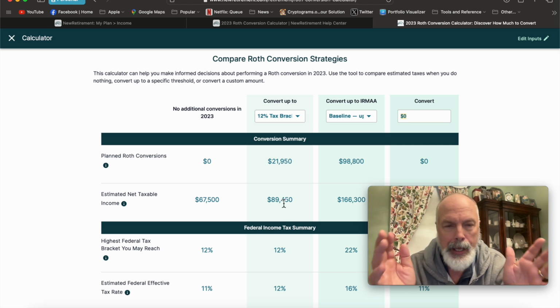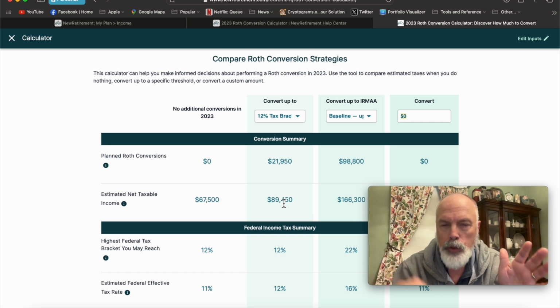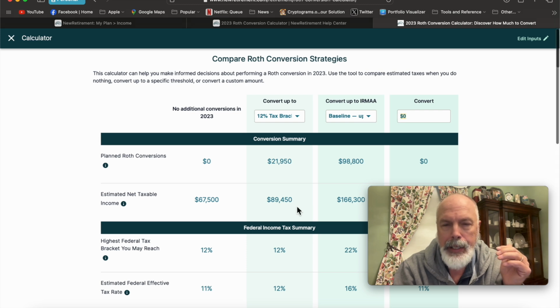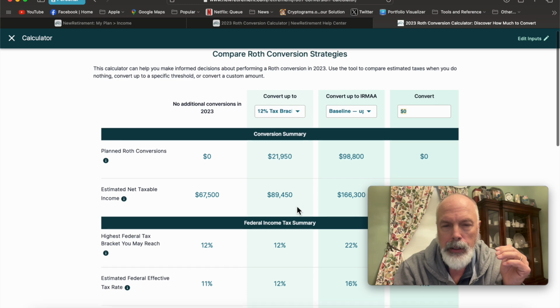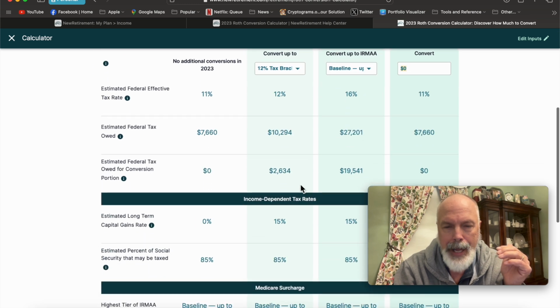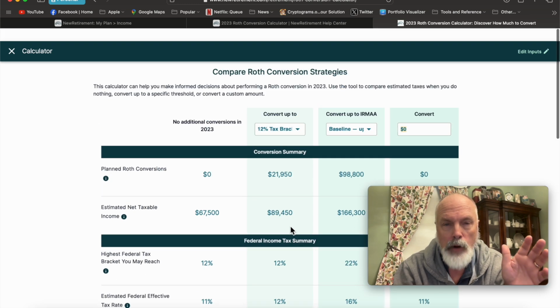Again, your estimated net taxable income would be $89,450. And that would be in that 12% tax bracket, but notice it's just over that level for when 15% capital gains would start to apply. And again, if you had big capital gains, you might not want to go over that.